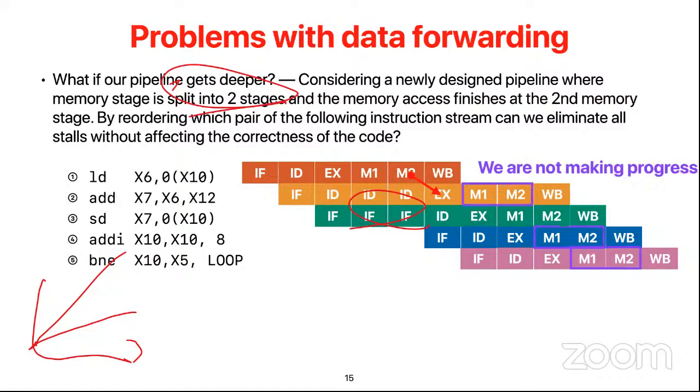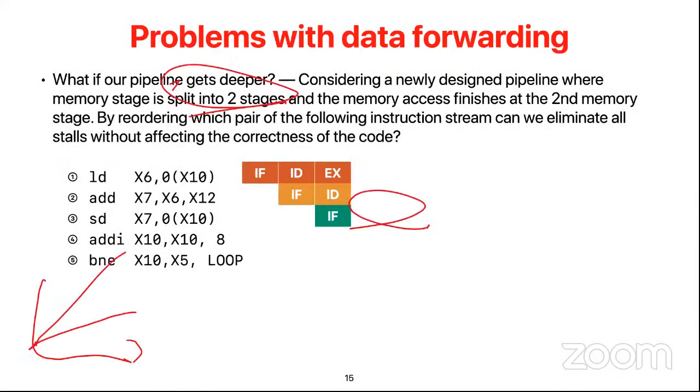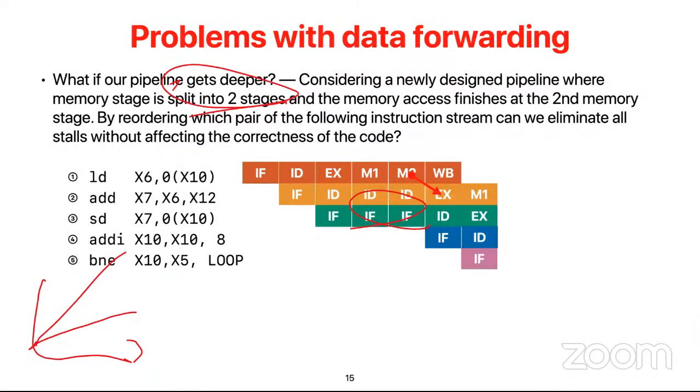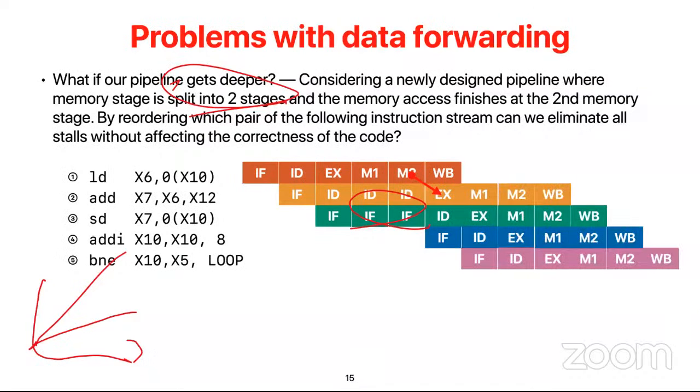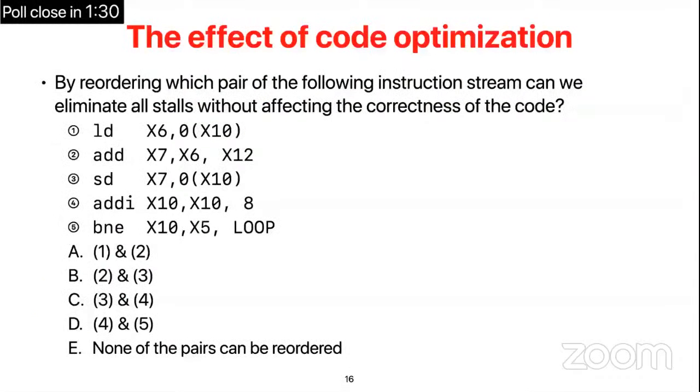And that's not the only issue. For other instructions like this add instruction, those arithmetic instructions or branch not equal instruction, the additional stages we added to accommodate the longer memory access time don't make any progress for them. So this is not a perfect solution.